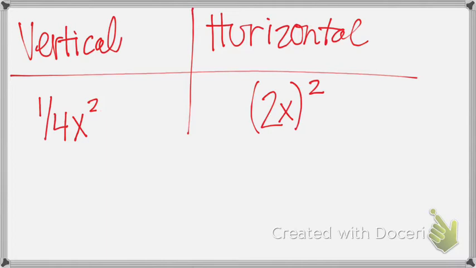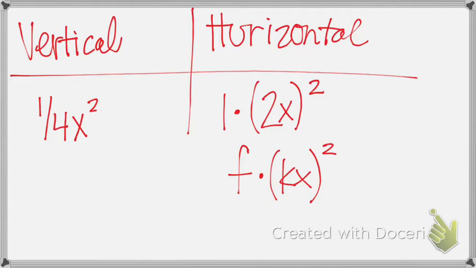Horizontal. Why? Because it's got the parentheses. So I want you to write F times K of X squared. Now, in this case, what is the F? If it's not there, it's just what? It's just 1. So if you want to make it the same, you can put a little 1 right there. So that's a horizontal.